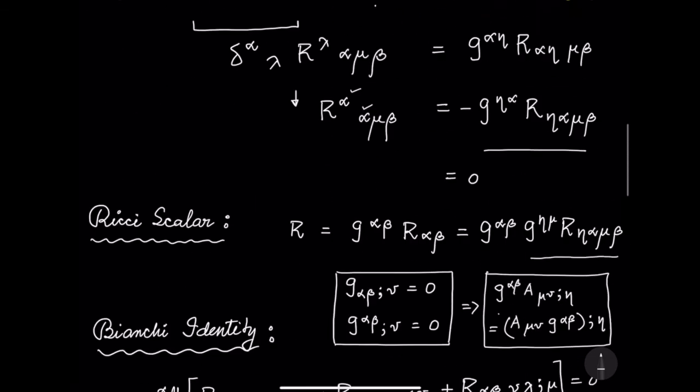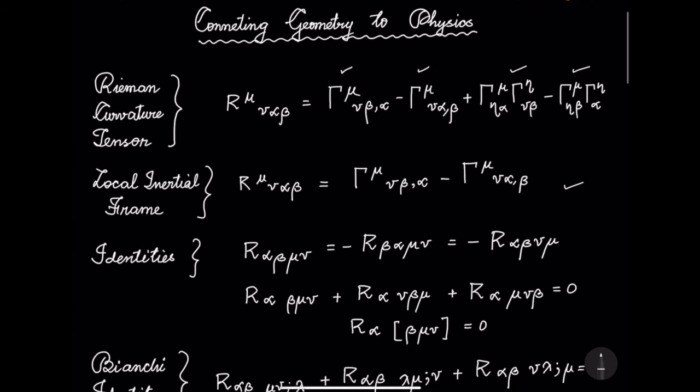What have we learned? Let me go back to the beginning of today's lecture. Last time we defined the Riemann curvature tensor, which is a rank 4 tensor, and wrote it down in terms of the Christoffel symbols or the affine connections. We showed how it reduces to the local inertial frame.